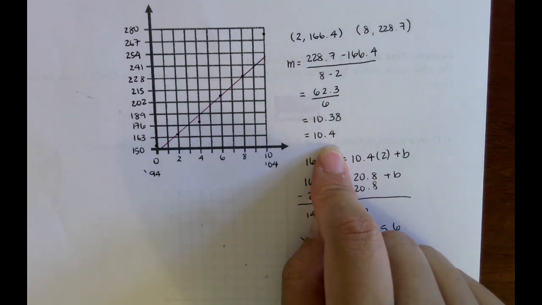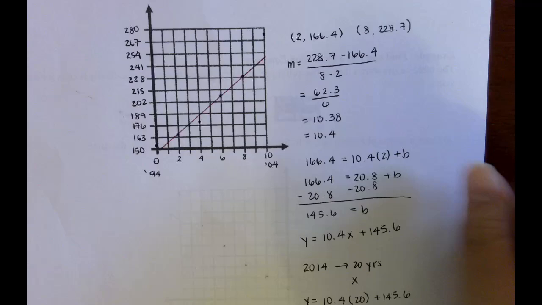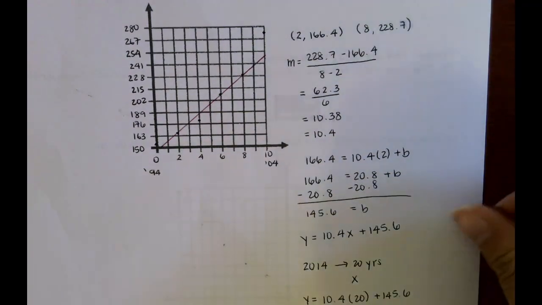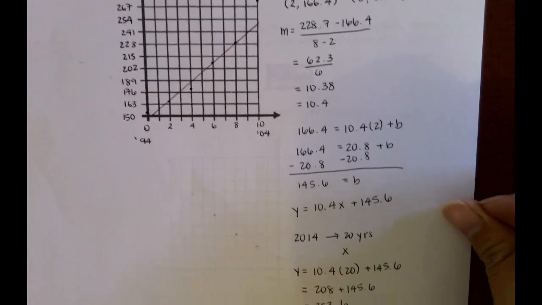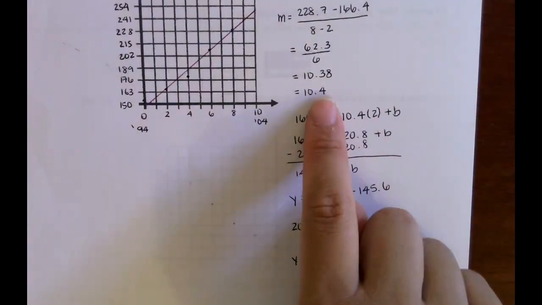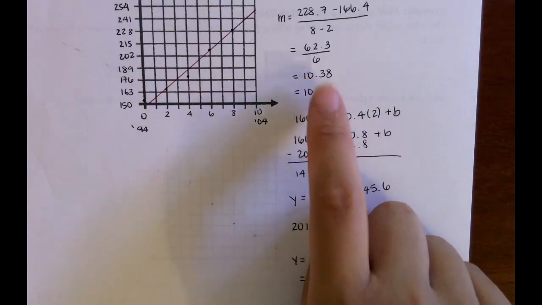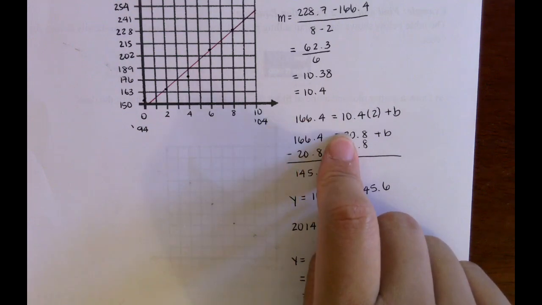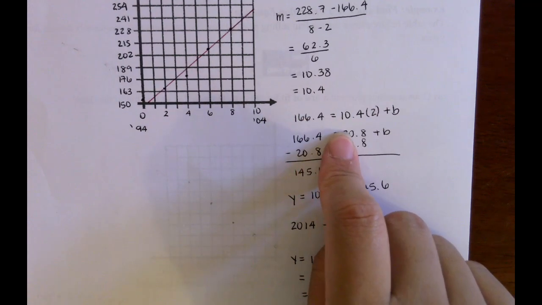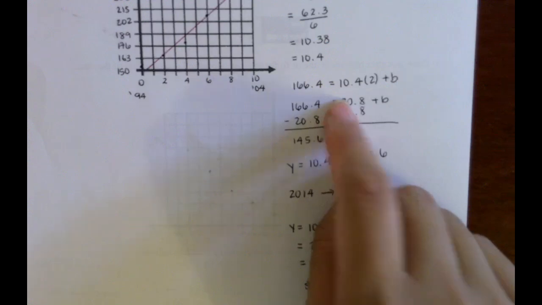If it's somewhere around there, you're probably okay. Okay, so you just need to check your process, okay, because your numbers are probably going to be different unless you just so happen to choose the exact same numbers as above. Okay. They also chose to round to 1 decimal place this time. So again, if you chose to use the 10.38 instead of the 10.4, your answer will be a little bit different, okay? But it does not mean you're wrong, okay?